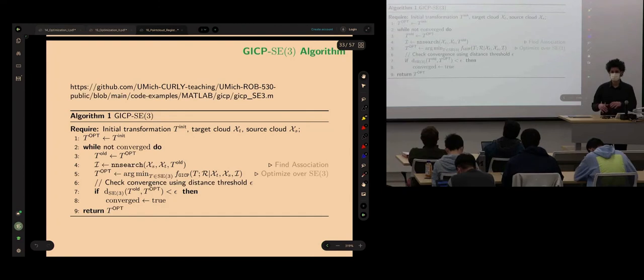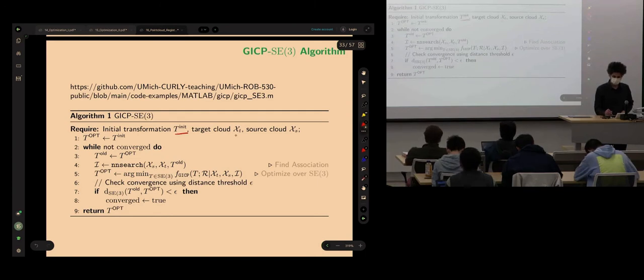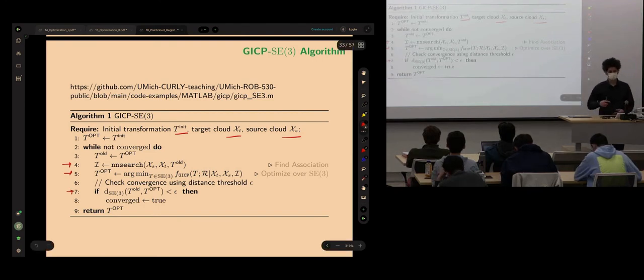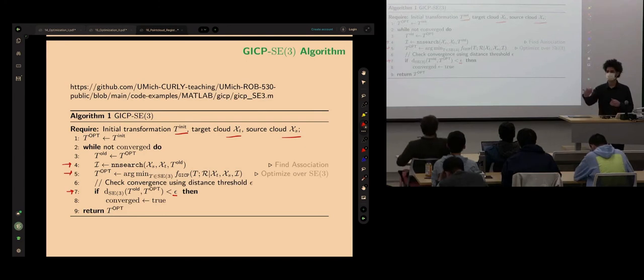Okay, so if you want to put everything into an algorithm, you can write it like this. Get the initial guess, get the target point cloud and the source point cloud. While not converged, solve the nearest neighbor search, minimize the cost function, and find the optimal transformation. If the distance between the newly calculated transformation and the previous transformation is less than an epsilon, you can assume that there is no change in the transformation.